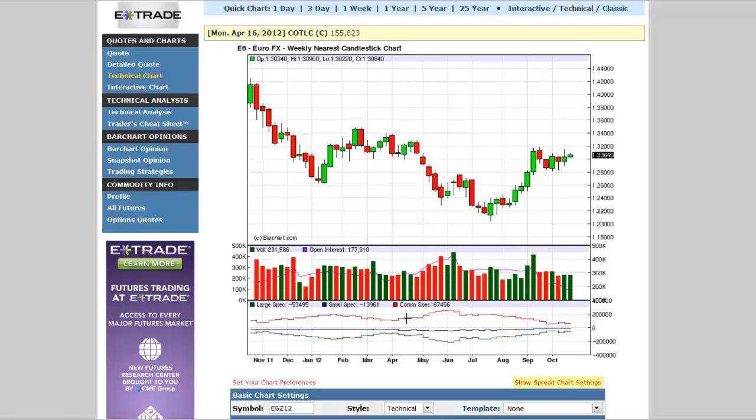They were already net long above the zero line here, so they were all along basically trying to catch this low here. They were buying all this decline from this high down lower.